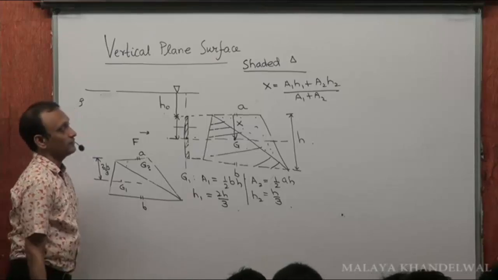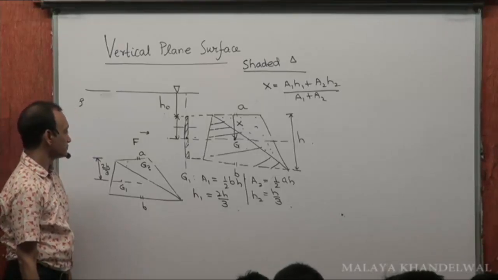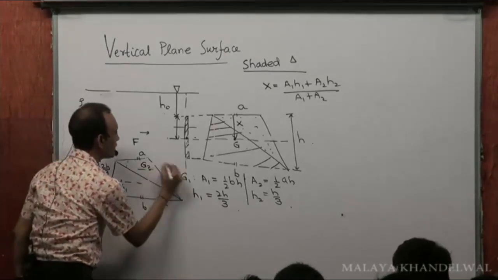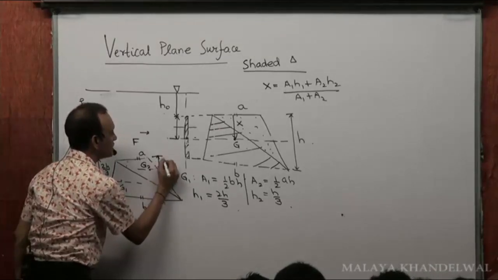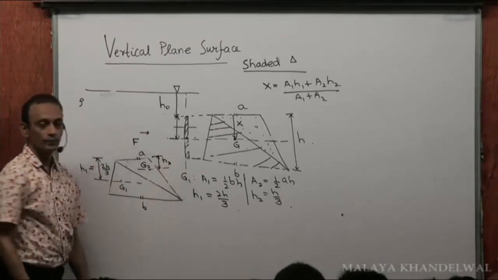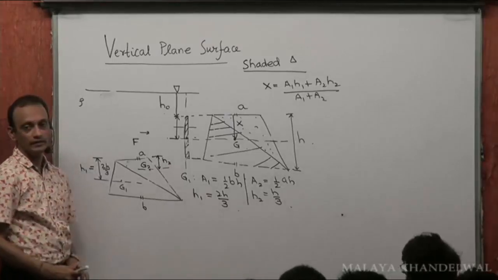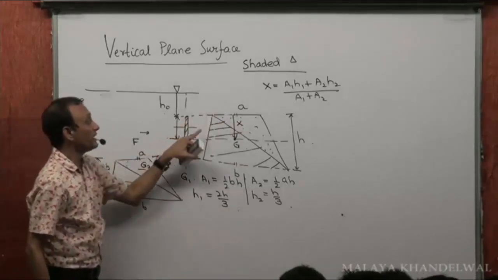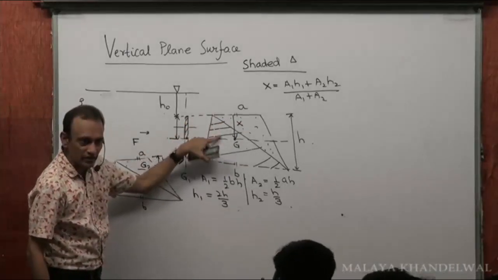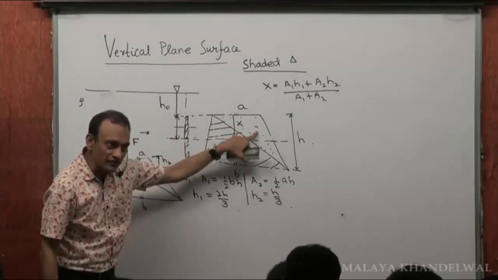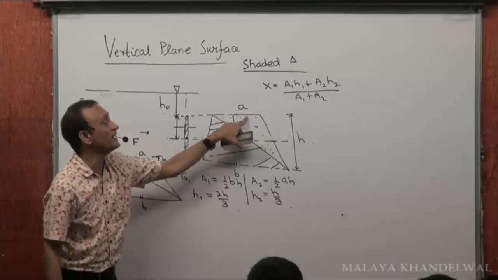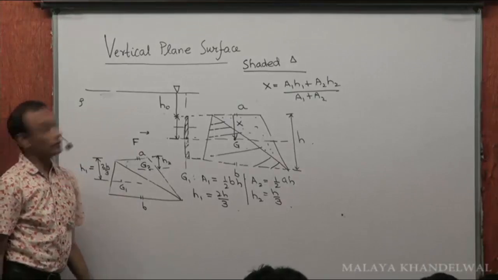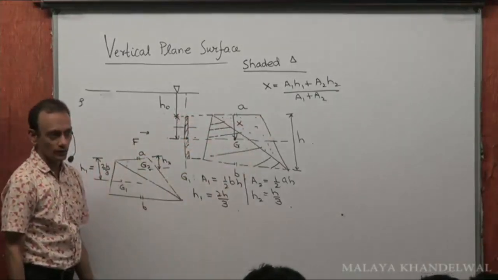This was my H1, 2h by 3. This would be H2, which is h by 3. And then the depth of G, which is x, would be A1 into depth of the center of gravity of this plus A2 into depth of center of gravity of this from the side A, divided by the total areas. That will give me the depth of the center of gravity from side A, yes or no?